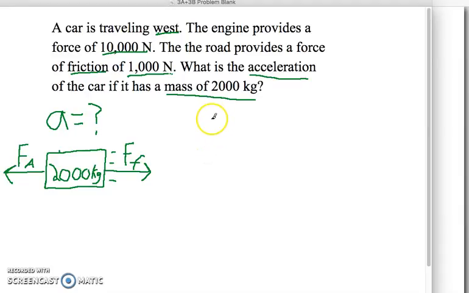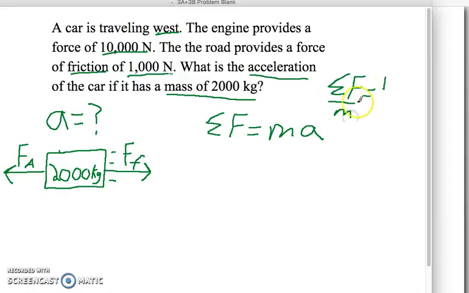So a good way to think about this would be Newton's second law, because that relates forces and acceleration. Write out the second law like this. Again, it was introduced in the notes like this, but sometimes it makes sense to move it around a little bit so we get the net force by itself.